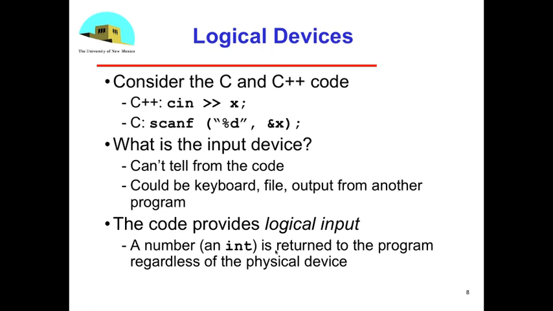If it's a scanf or a cin, then the logical form is that it's getting a string back to the program you're running, but that string can come from a file or it can come from typing it in on a keyboard. So we say that these devices can be looked at logically, and that we can let the operating system and the drivers take care of whatever the physical properties of that particular device are.